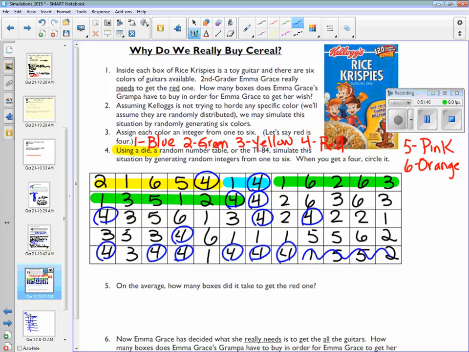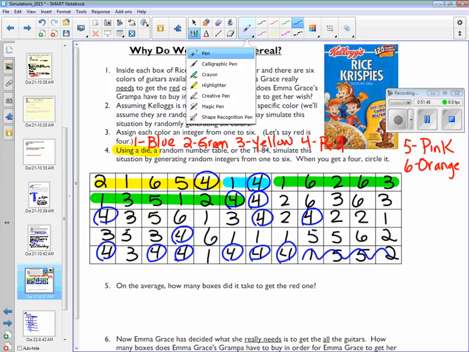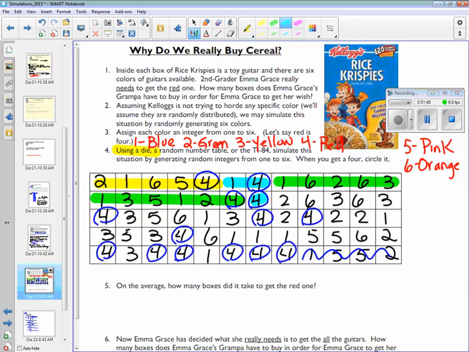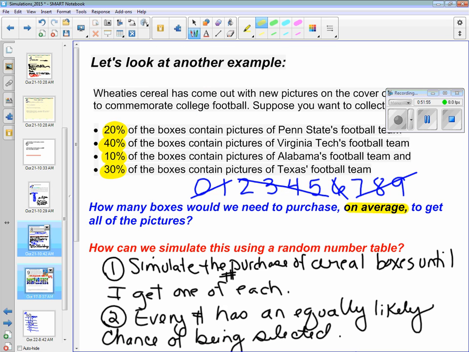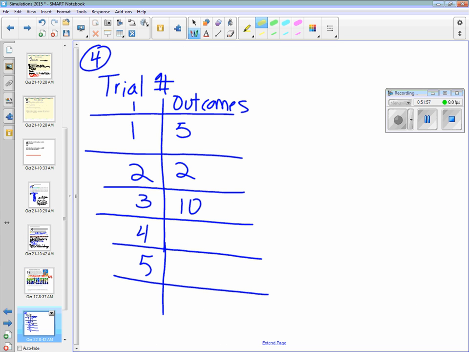Your last trial will end on your last 4 that appears. Okay? Then I had a 1, and then I had a 1, 2, 3, 4, 5, 6. I'm just going to stop here just for my own sake.